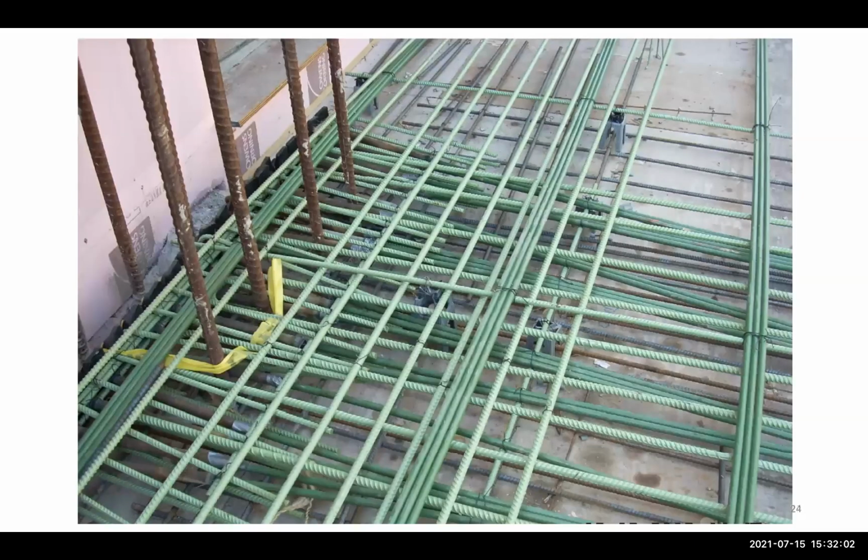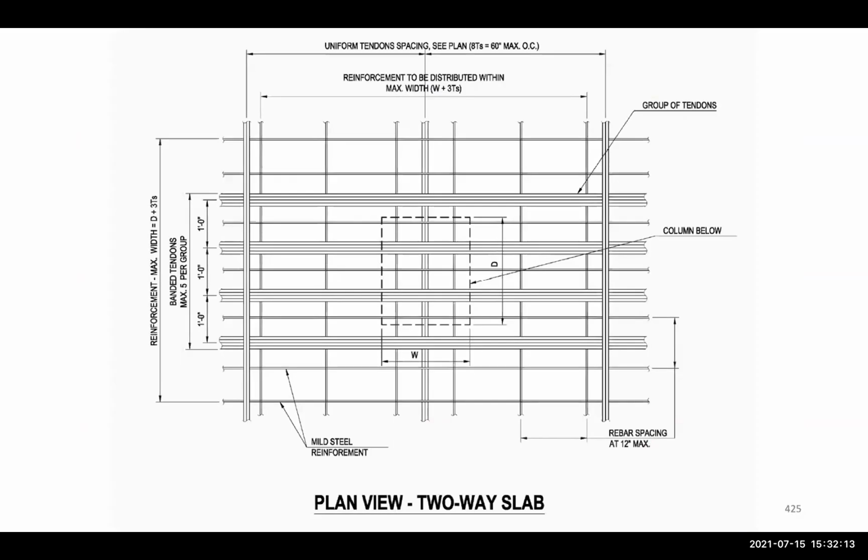This is at the end joint. So you can see the cables where they come for anchorage at the end, and then you can see the reinforcement above that. And this is, for example, a plan of a two-way slab showing a group of tendons, showing the mild steel reinforcement, showing the rebar spacing here, and then these are the banded tendons, which are in the different direction.